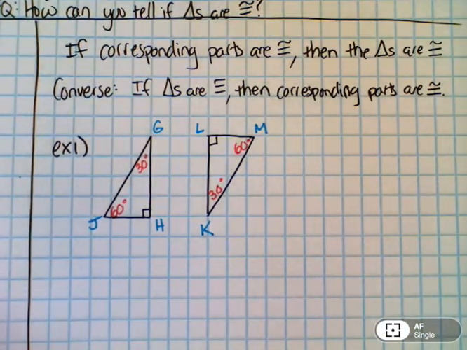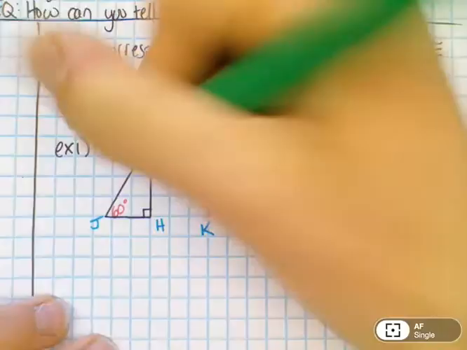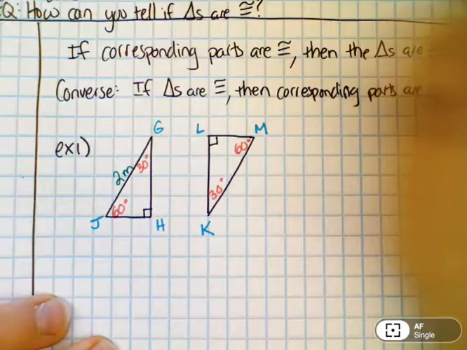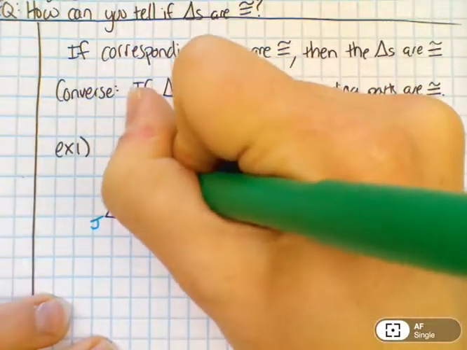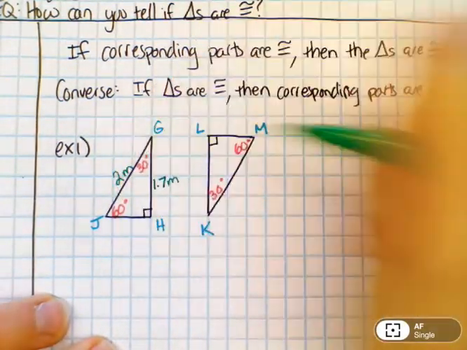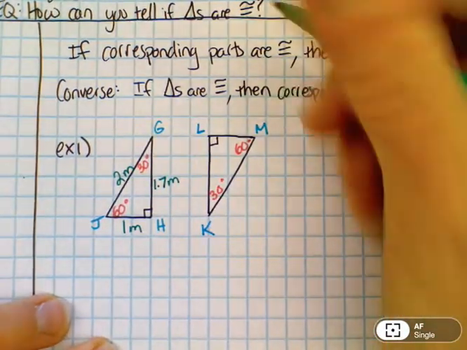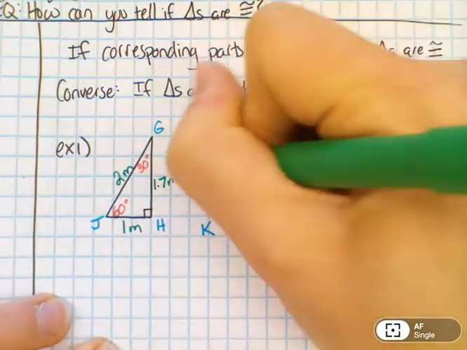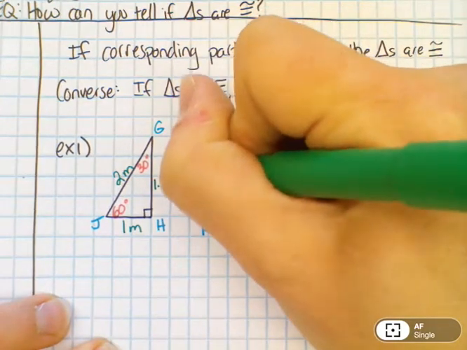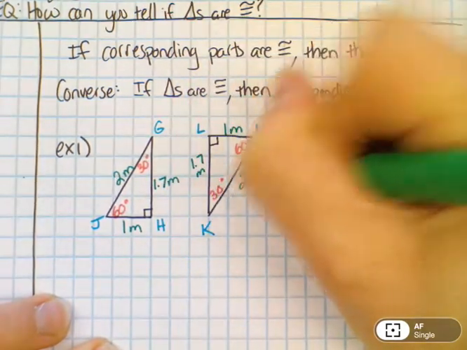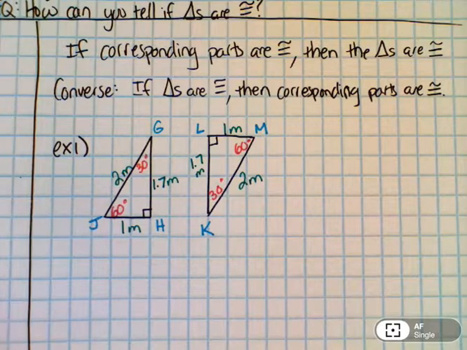And then finally, this is a lot, but finally we're going to label some side lengths. 2 meters, 1.7 meters, 1 meter, and then here we have 1 meter, 1.7 meters, and 2 meters. So that's a lot. Please feel free to pause if you need to get all that down.